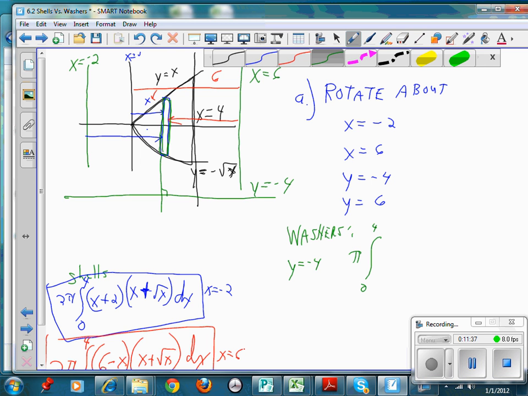The outside radius is going to be root x plus 4, squared, minus the inside radius, which is going to be minus 4, squared, and that gets to be 4 minus 2. That's correct. dx.